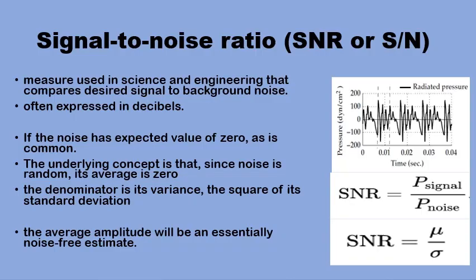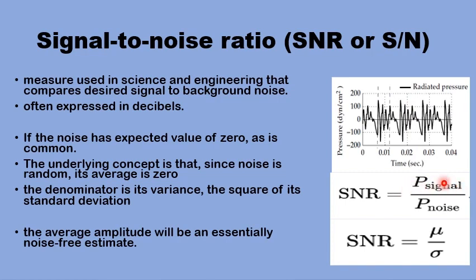This concept of comparing the amount of energy in a certain signal to the amount of noise in that signal is used widely in various other fields in science and engineering to compare the desired signal to the background noise, and is often expressed in decibels. The amount of energy in the harmonics is the part of the signal that is periodic; this can be estimated and would form the numerator of the equation.